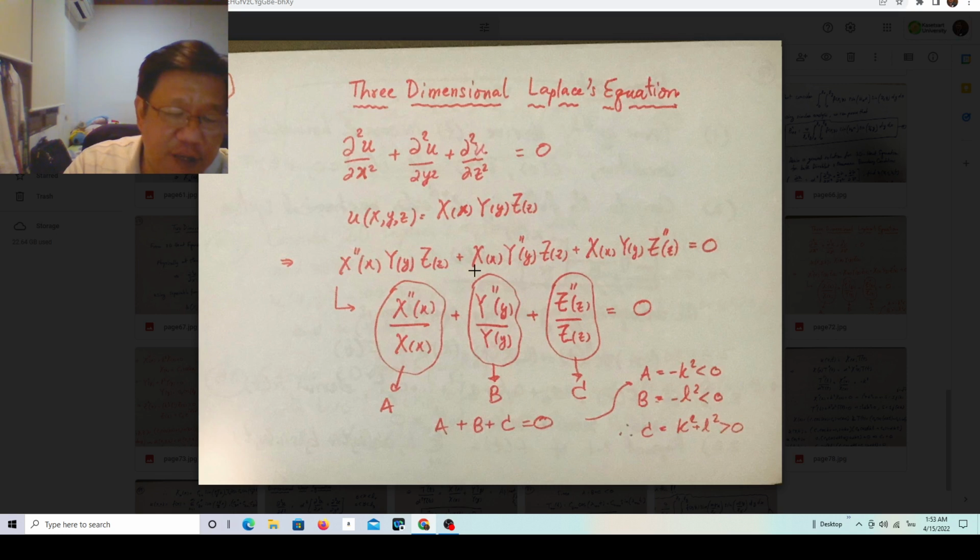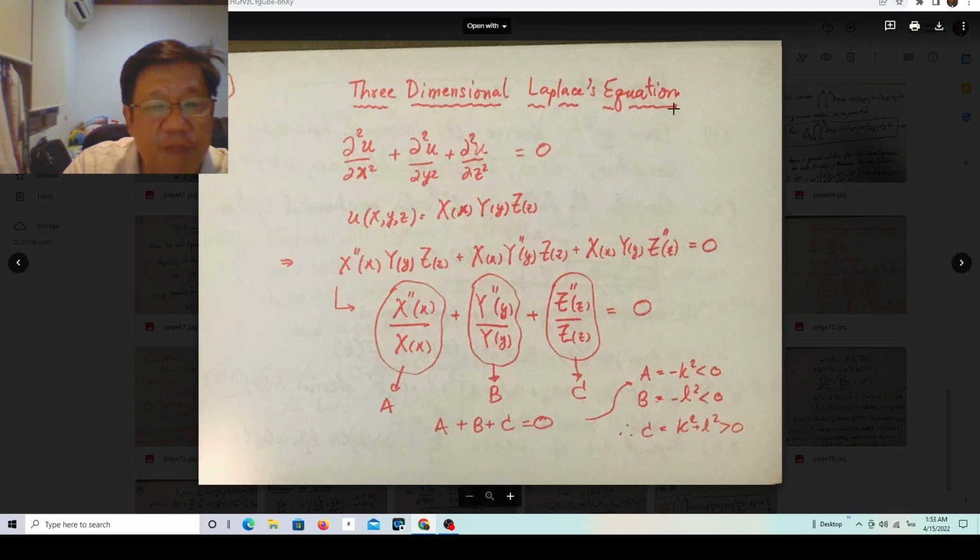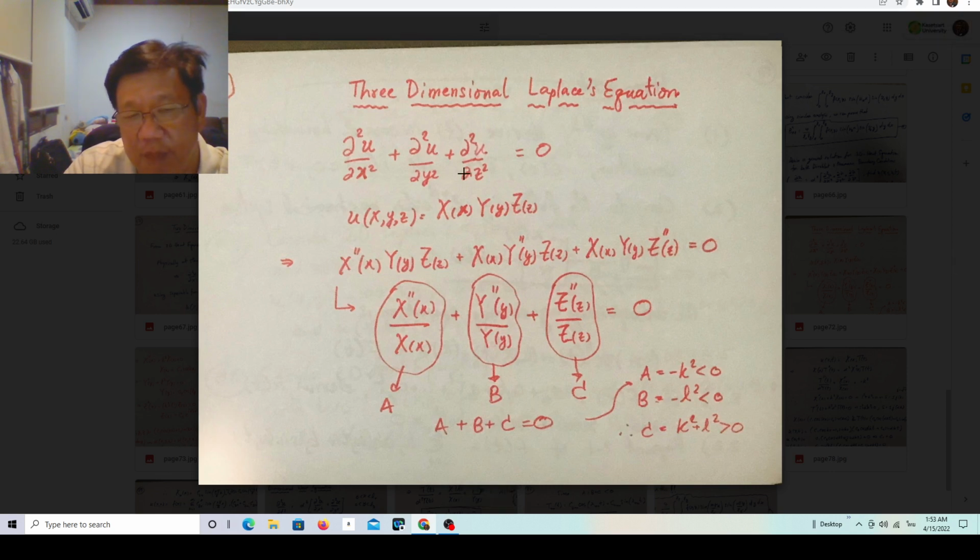Actually, the Laplace equation you can also work on in one dimension. But since we are familiar with both one and two dimensions, for the Laplace equation we will extend the basic analysis, the Fourier method that we've been applying, to illustrate this example for you.